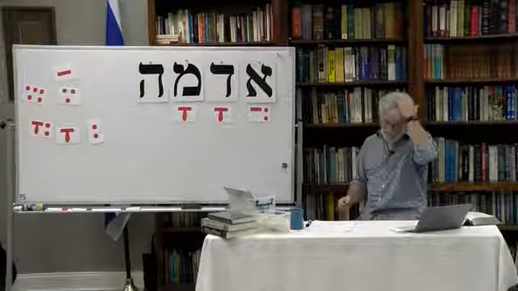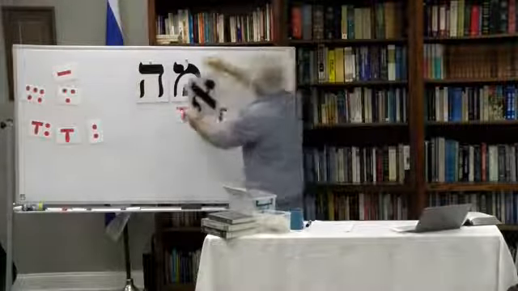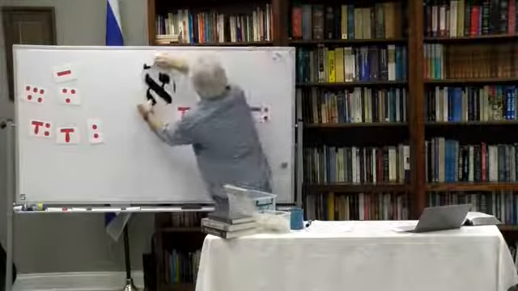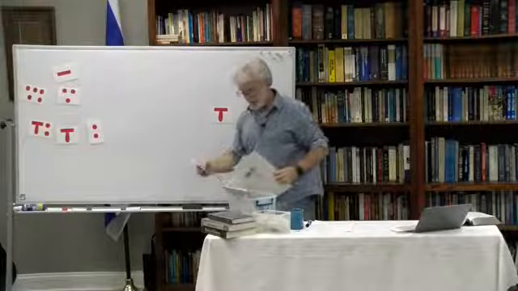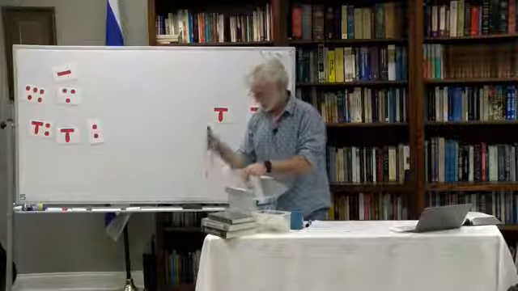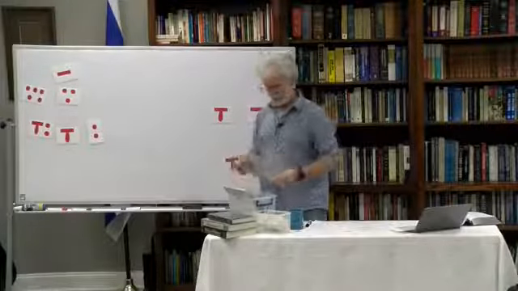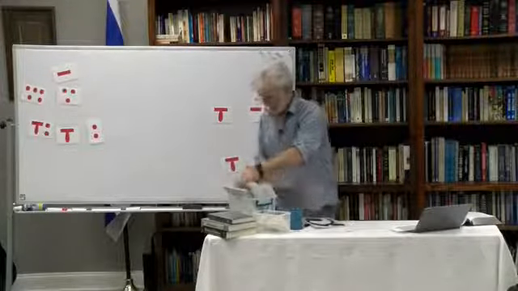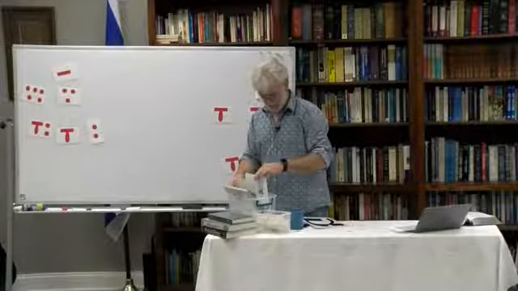Now, I'll give you another example here, just to show you how we employ these hurried vowels, if you will. And I want to put this other example up for you so that you can see it, and we should be closing in on the end of the class.